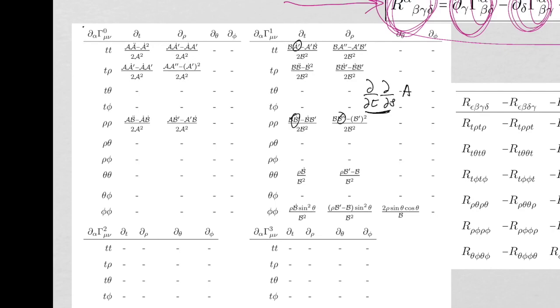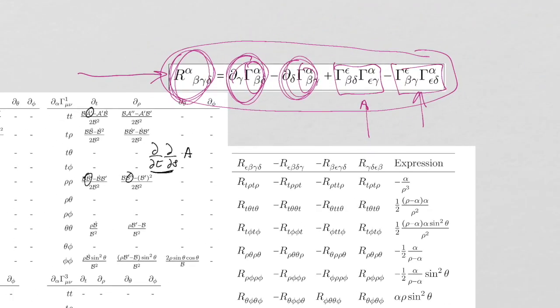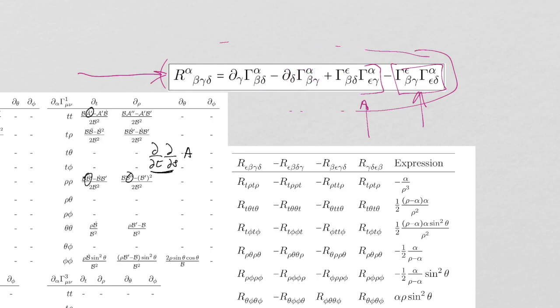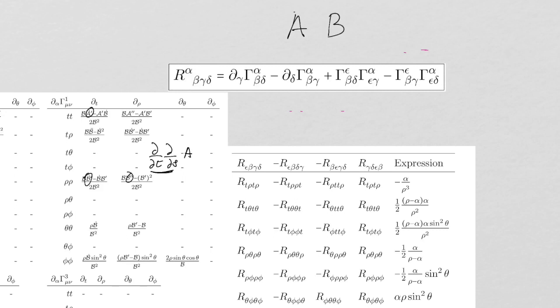And then once we have all of those things, we are able to calculate the curvature tensor of the spacetime. And the curvature tensor will be solved in terms of our unknown functions A and B. So let's see what that looks like.